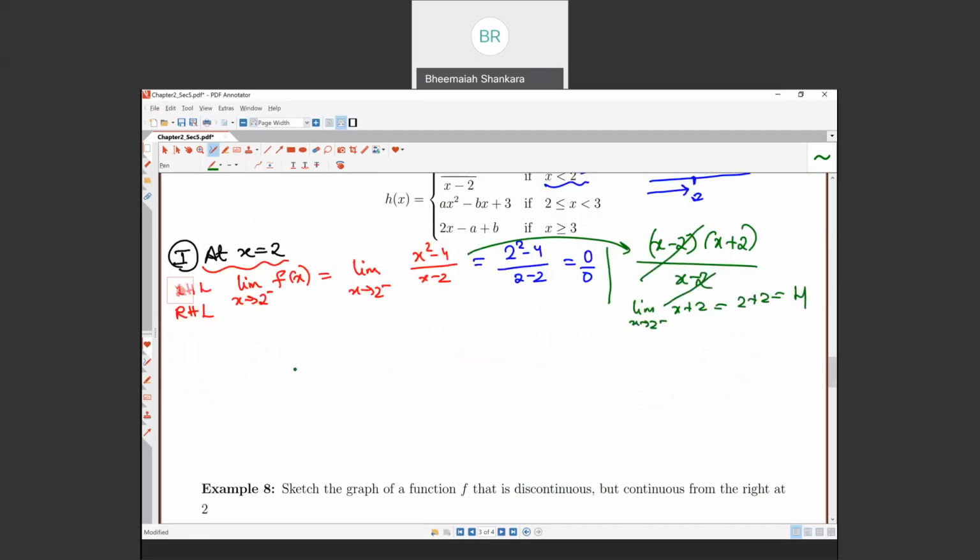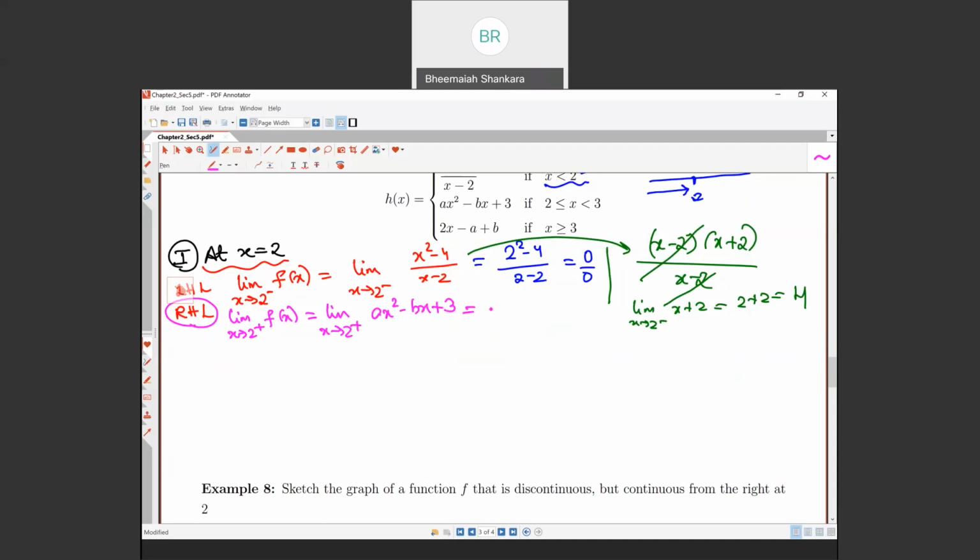Similarly, I want you to calculate the right hand limit. So the right hand limit will be limit x approaching 2 plus of the function f of x. So this is limit x approaching 2 plus, the function f of x is ax squared negative bx positive 3, x approaching 2 from the right, all the x greater than 2.